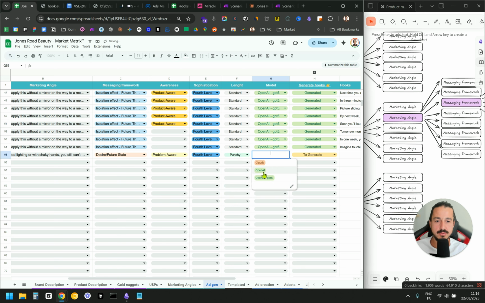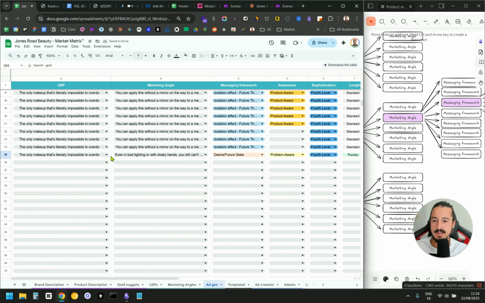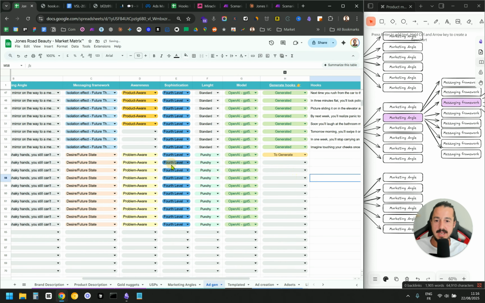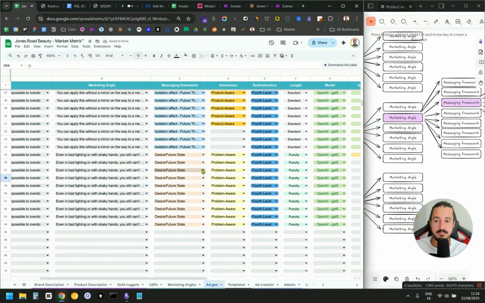Punchy, and we want ChatGPT 5 to use it and then to create it. What we do is basically drag that down and change one variable if we want.